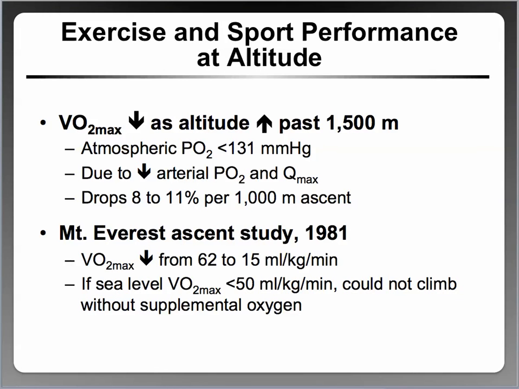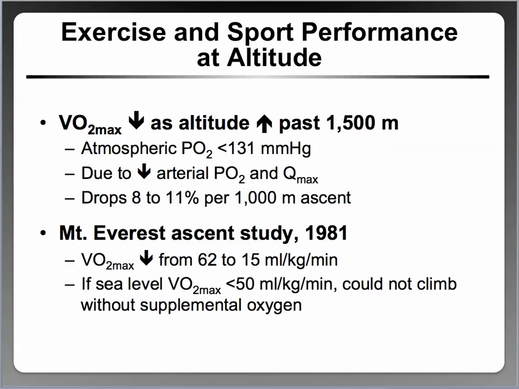And you can go back to this slide. You drop by about 8 to 11% for every 1,000 meters of ascent. Or, for us Americans, you can look at it as a 3% decrease for every 1,000 feet of increase.